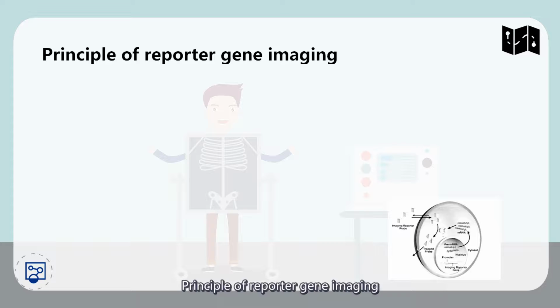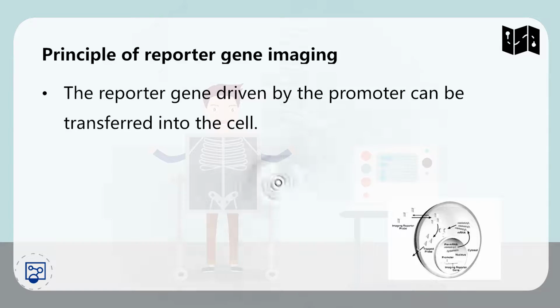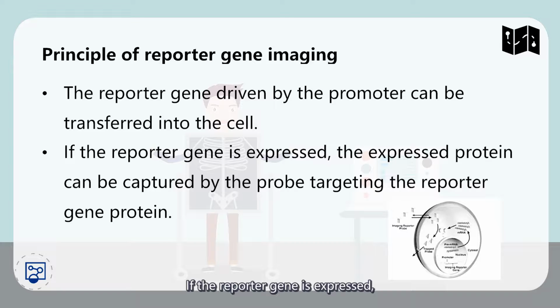The principles of reporter gene imaging. The reporter gene driven by a promoter can be transferred into the cell. If the reporter gene is expressed, the expressed protein will be captured by the probe targeting the reporter gene protein.